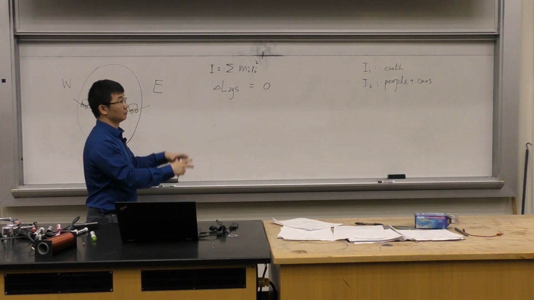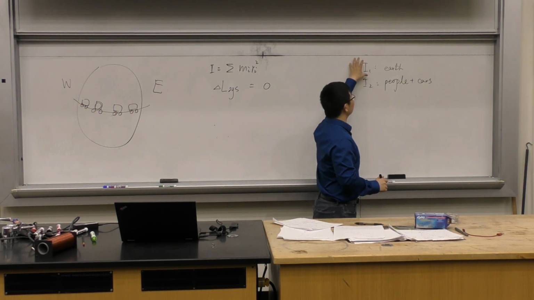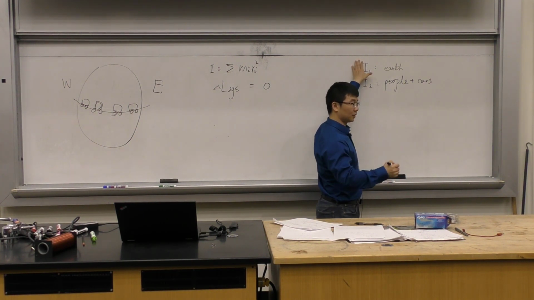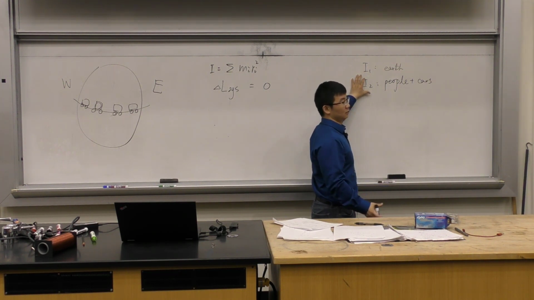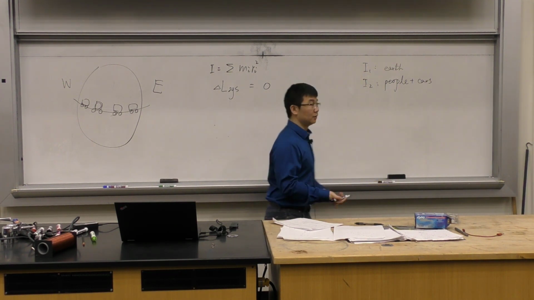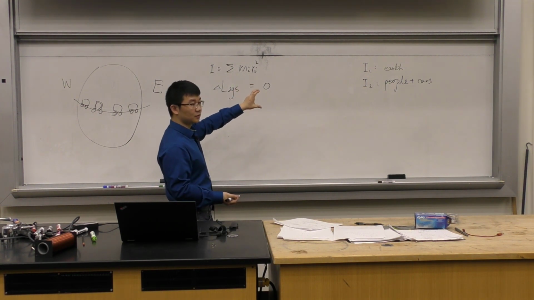I have a system. The system has two objects, I1 and I2. This is really big, but it's an object. This has a lot of people, a lot of cars. Fine, that's another object to me. So set up, there are two objects rotating in this system.